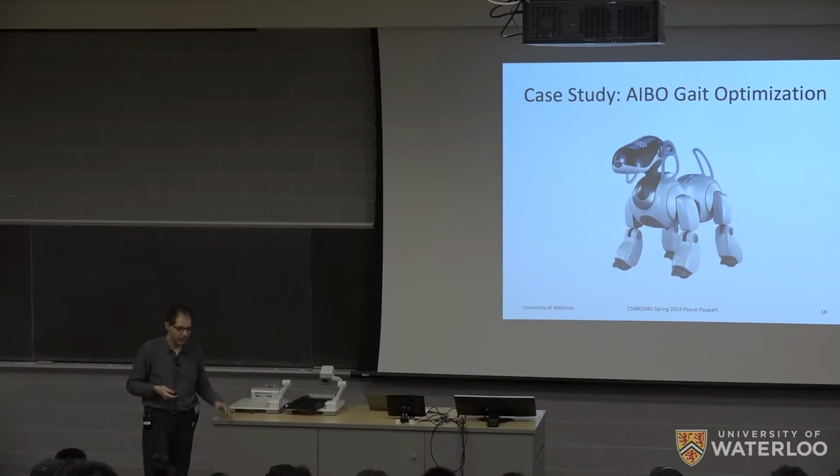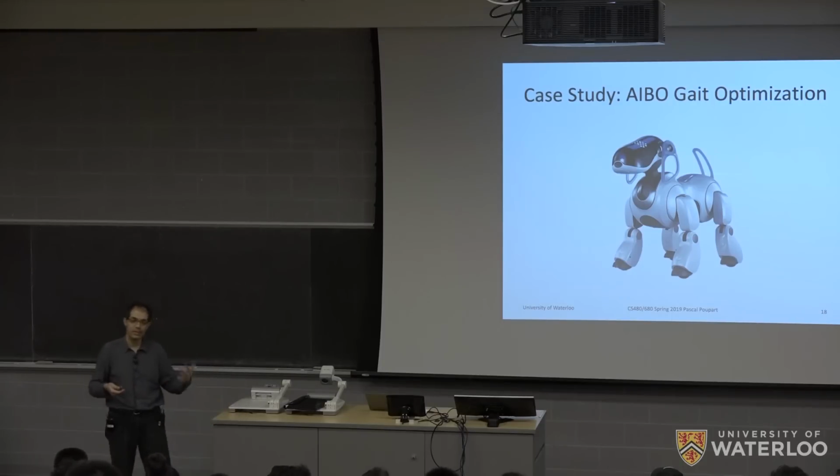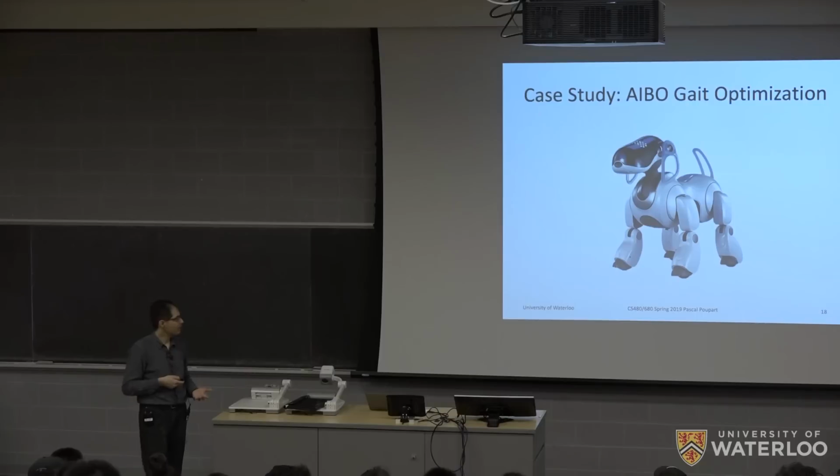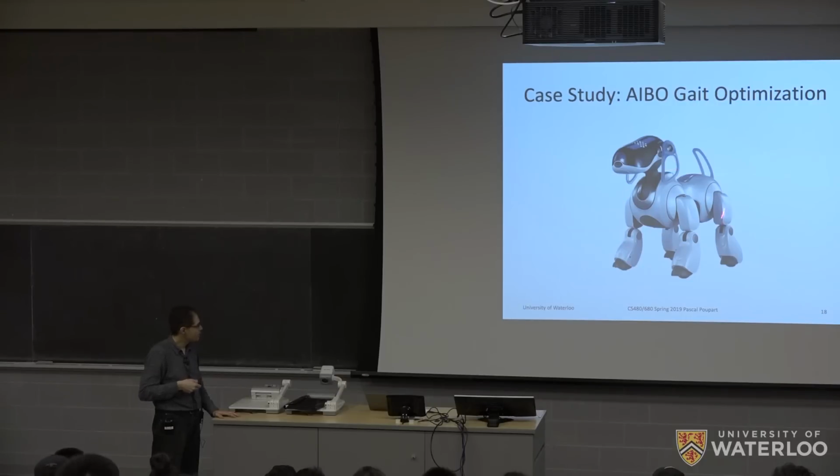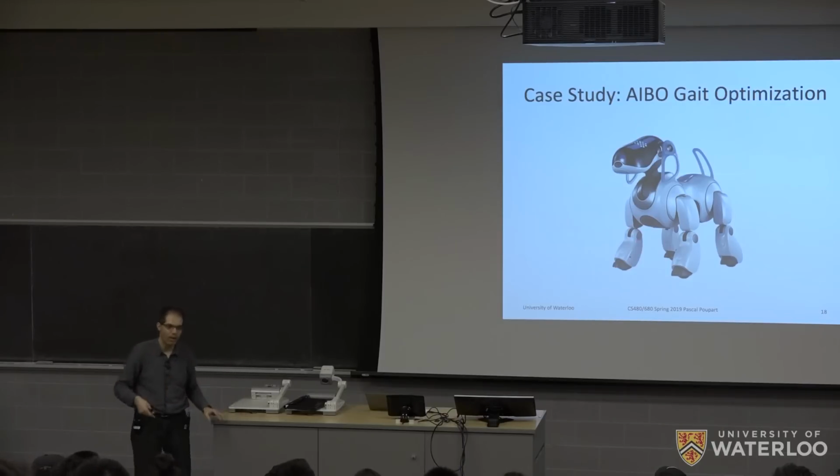In fact, roughly 10 to 15 years ago, Sony released an important robotic platform called the Aibo robot. It's a robotic dog, with different joints, and the idea is that it can walk.